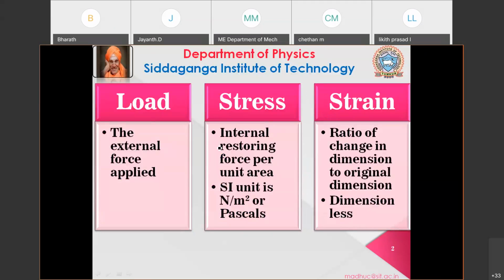You need to know the difference between these three things: load, strain and stress. Can anyone tell what is the difference between load and stress? You can unmute yourself.